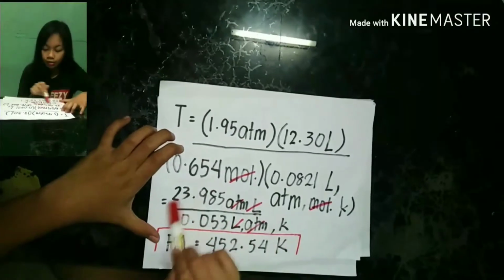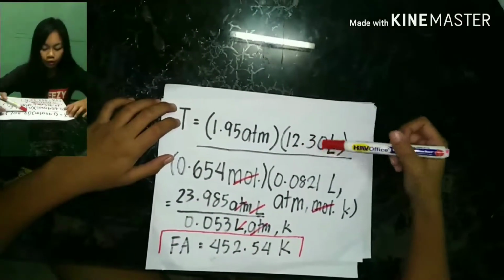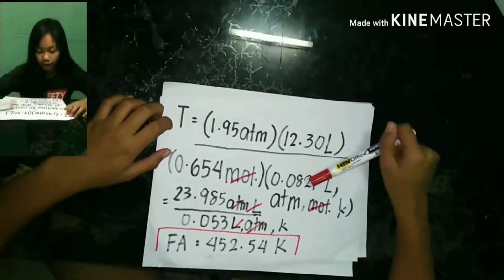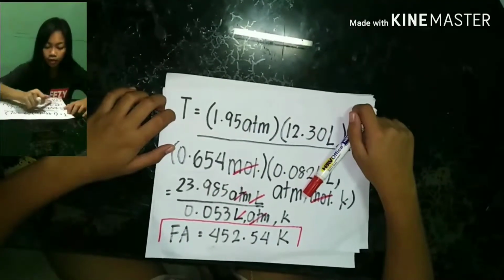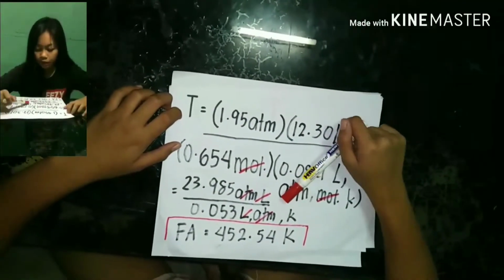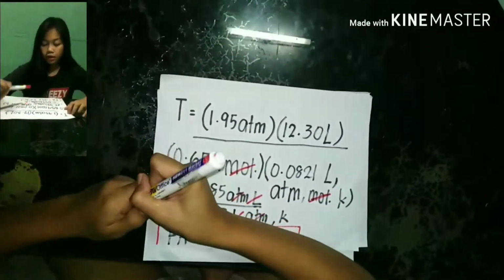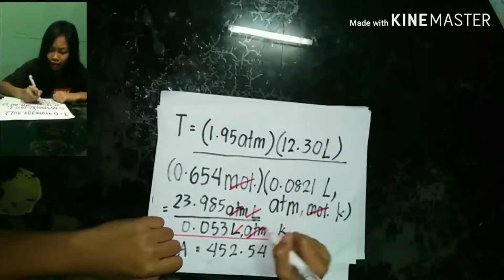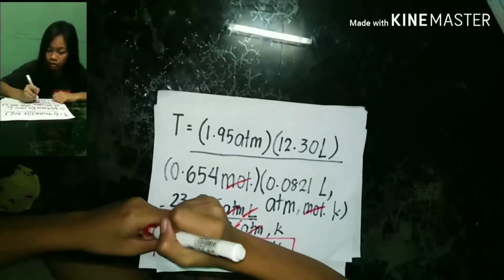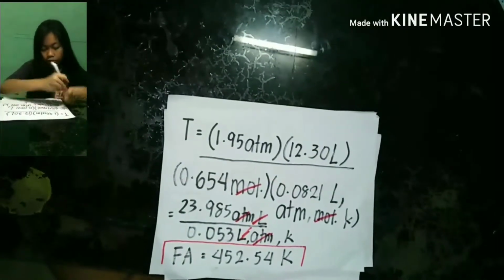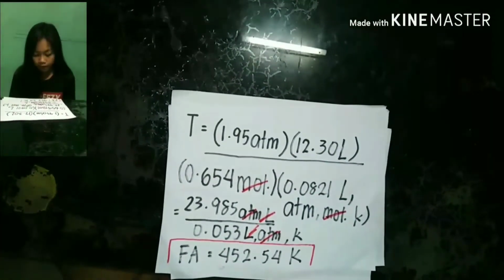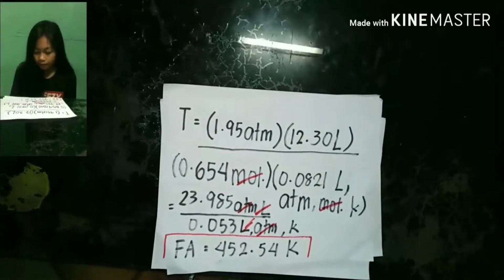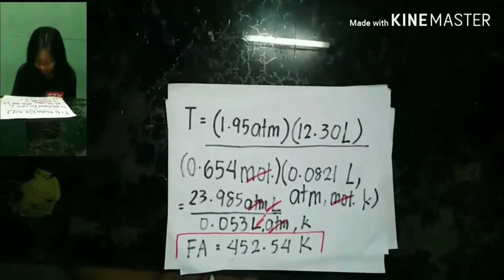And you just divide these two: 23.985 atmosphere liters divided by 0.0537 liters atmosphere per Kelvin. You just cancel out the atmosphere and liters. And this is the final answer: 452.454 Kelvin.